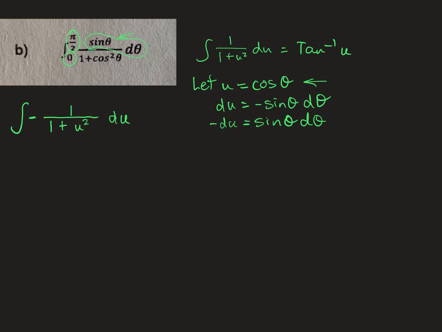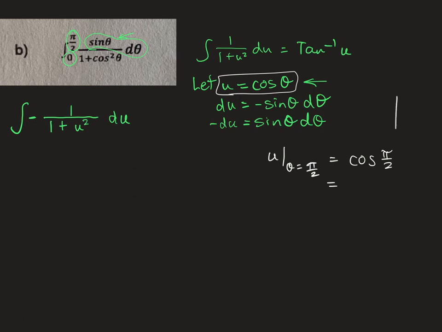Okay, so now we have the limits on our integral sign, and we need to replace those as well. So those are what theta equals. Let's do this in a different color. We want to figure out u when theta equals, we'll start with pi over 2. So we take what we called u, which was cos theta, and we put in pi over 2 for theta.